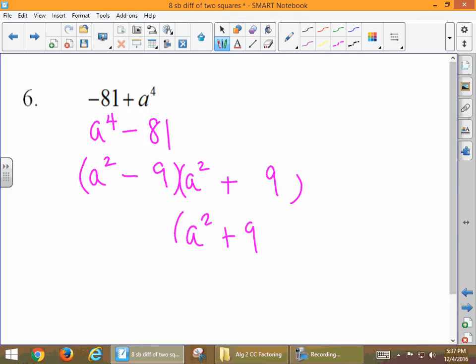We cannot do anything else to that problem. We would call it prime if it stood alone. But a squared minus 9, we can break apart into terms that have the same factors. A times a is a squared. 9 is 3 times 3. The difference between two squares, different signs.